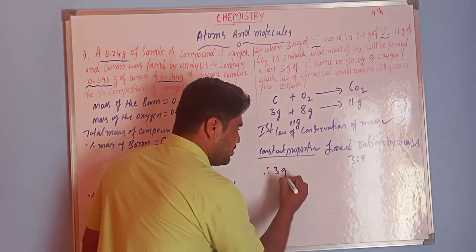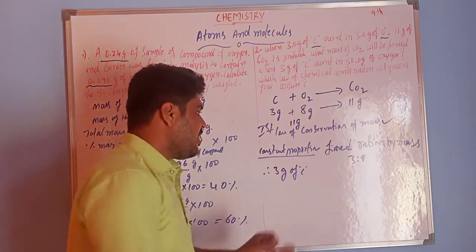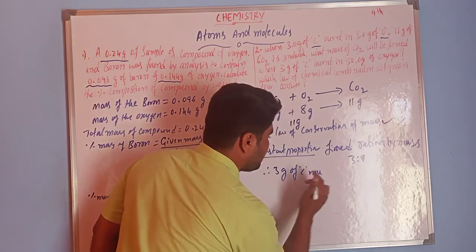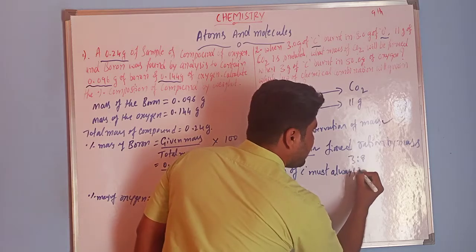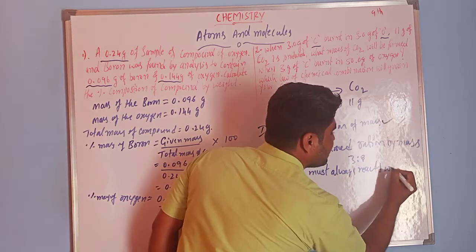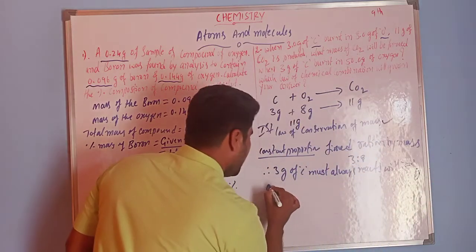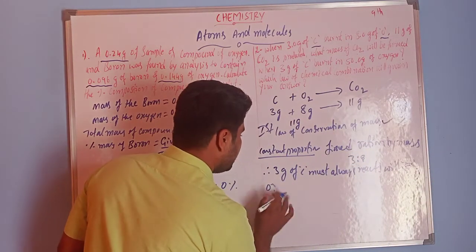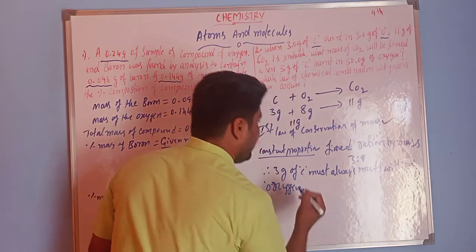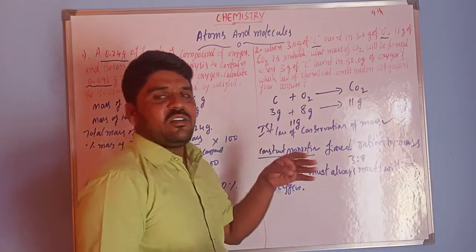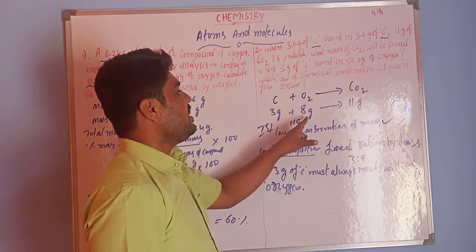Therefore, 3 grams of carbon must always react with 8 grams of oxygen only. Whatever the mass of oxygen, it should always react with 8 grams only.